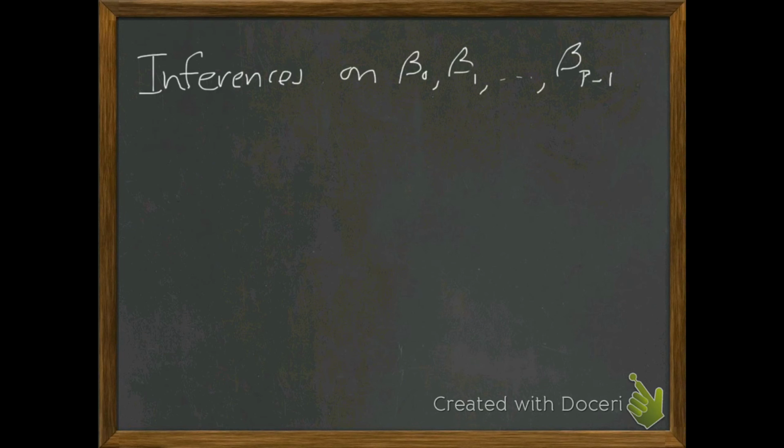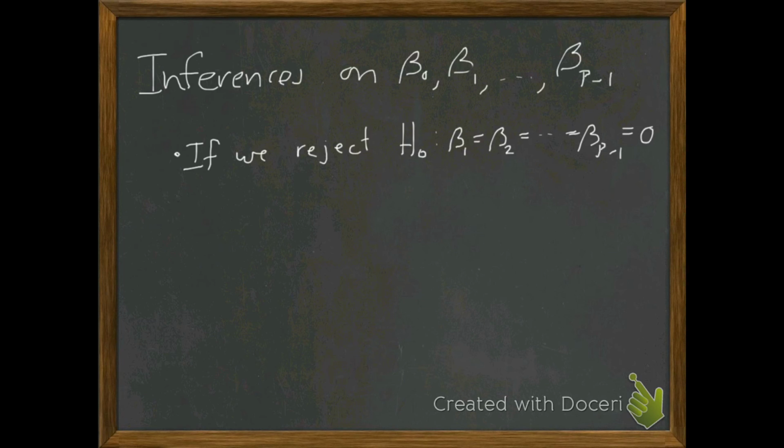What I want you to think about here is, first of all, if we reject using our F statistic, then we're saying at the end of the day that at least one of the beta sub i's is not equal to 0 and is a statistically significant predictor.